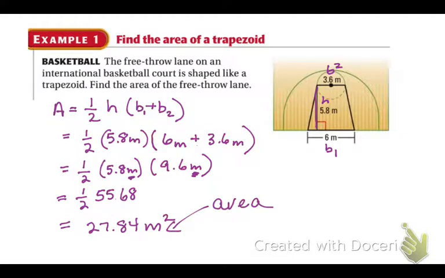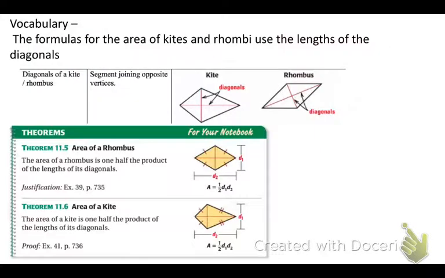Okay, so let's see what we got next. Vocabulary. The formulas for the areas of kites and rhombi or rhombuses use the lengths of the diagonals. So first we need to be really clear about what the diagonals are in a kite and also a rhombus.